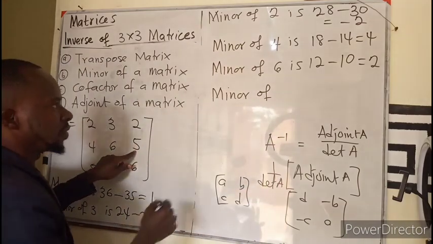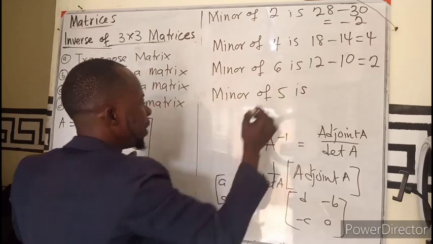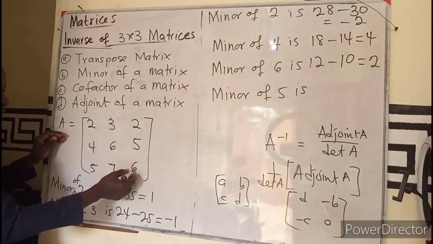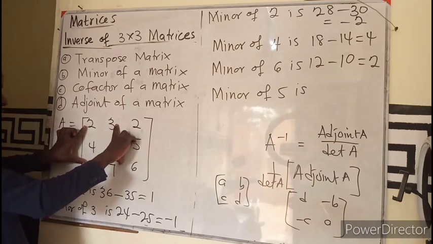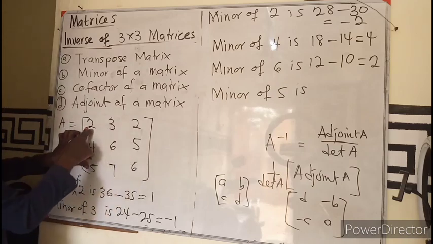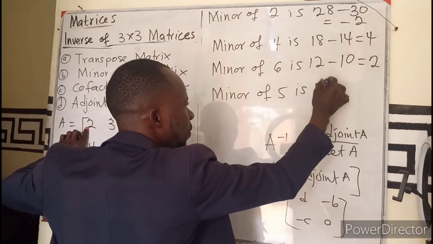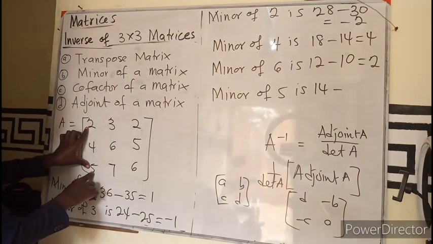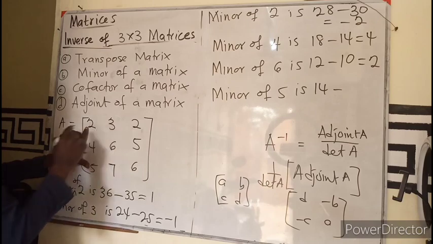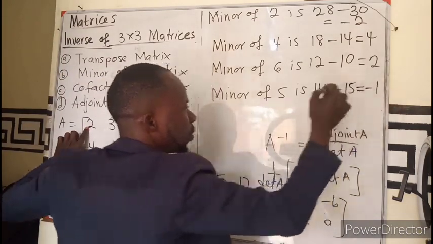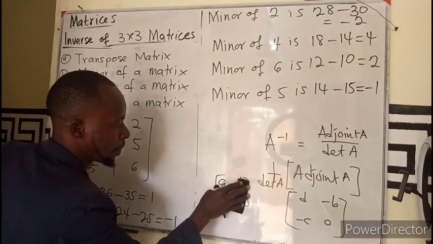I'm moving to this. The minor of 5 is going to be, all this row is gone, the column is gone. I'm left with 2, 3, 4, 7. So 2 times 7 is 14, then 3 times 5 is 15, minus, what? 1 as my answer.